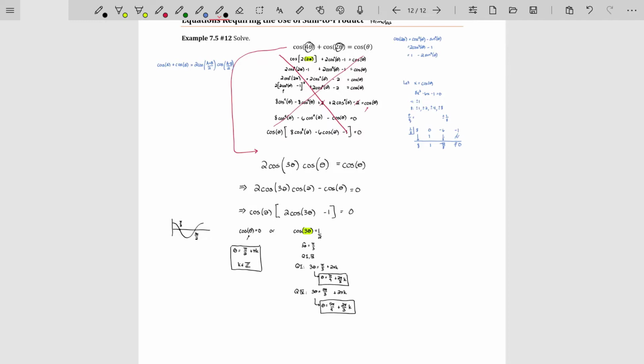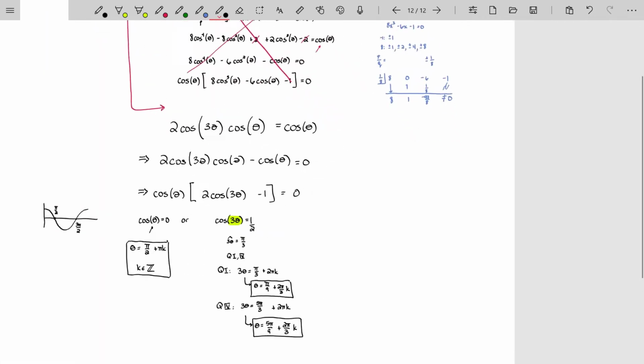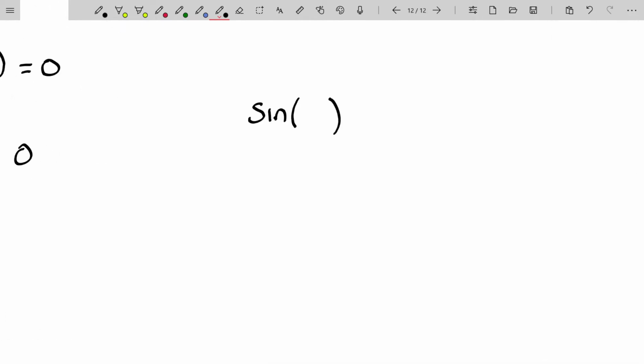I will have students that when I go through this material, they ask, well, what about the product to sum examples? Well, it turns out you won't have product to sum examples in equations. Or if you do, I've never seen one. And the reason is fairly simple. If you had a product of two functions, let's just say it was a sine and a sine, sine of A times sine of B. If it equals 0, then either sine of A is 0 or sine of B is 0, and you're done.